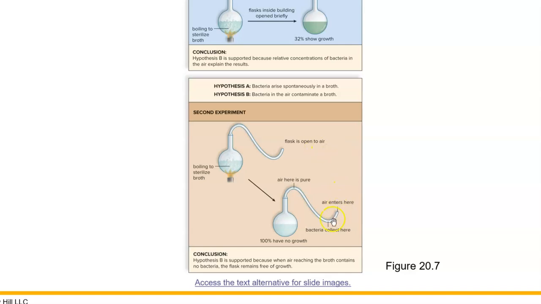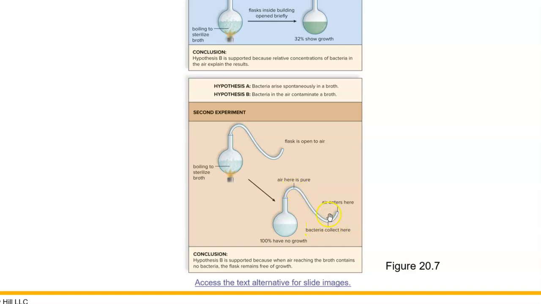And so we know air enters into this part of the flask, but what ended up happening is this prevented the growth of bacteria because the bacteria would collect at the bottom of this first dip in the neck, and they couldn't travel up the incline.